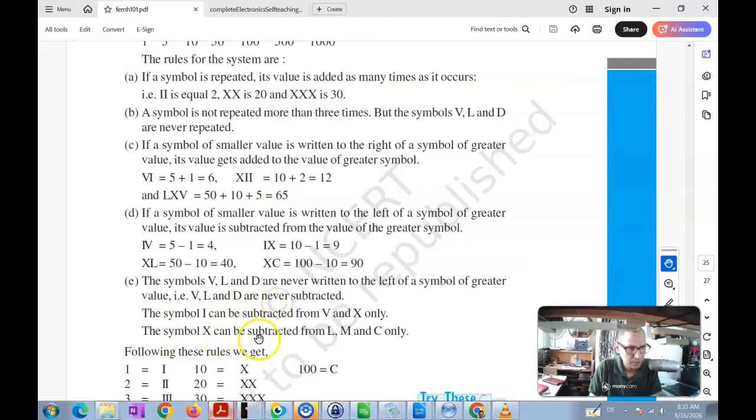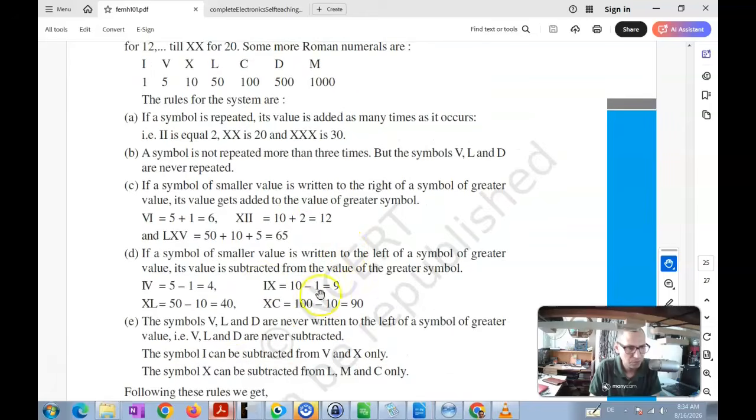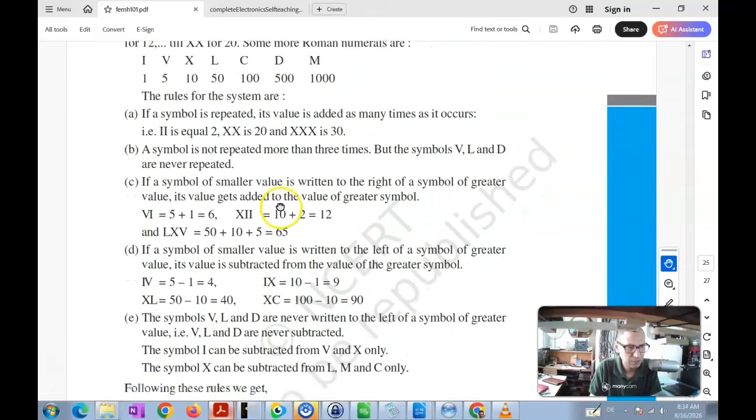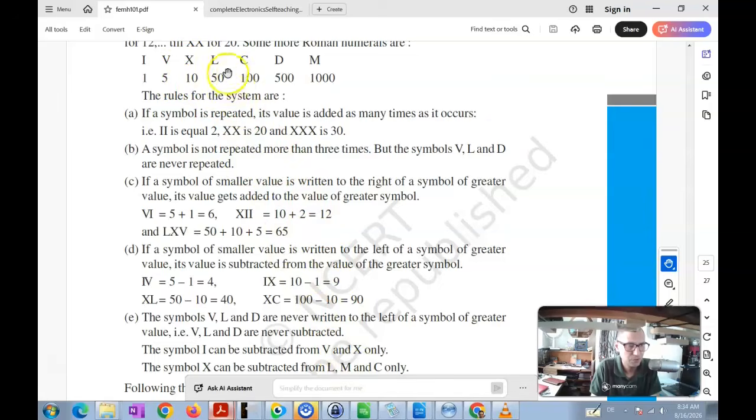And the symbol X, which is a 10, can be subtracted from L, M, and C only. You can subtract it from a 50 to make a 40. You can subtract it from a 1000 to make a 990, and you can subtract it from a C to make a 90.